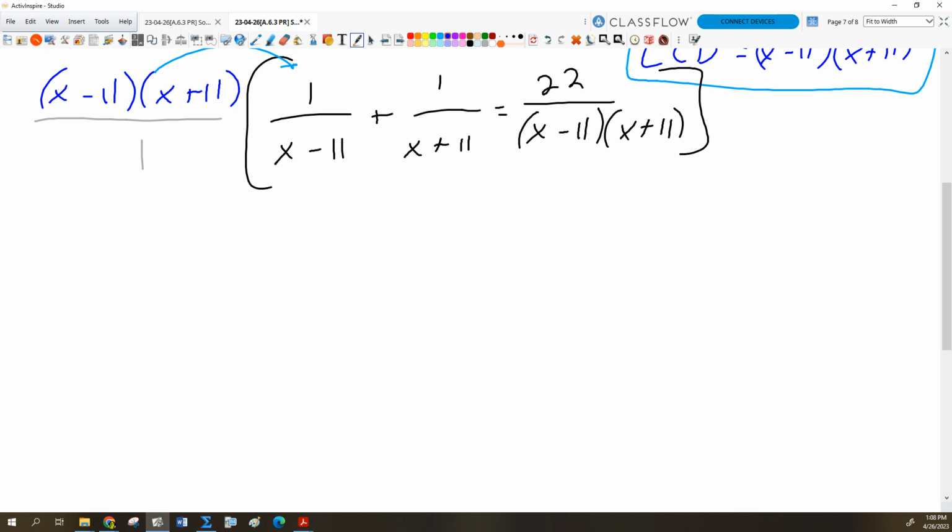X minus 11 times x plus 11 divided by x minus 11. So what's going to cancel? There you go. The x minus 11s cancel. Next fraction. How about that guy? Well, I'm going to get same thing in the numerator.